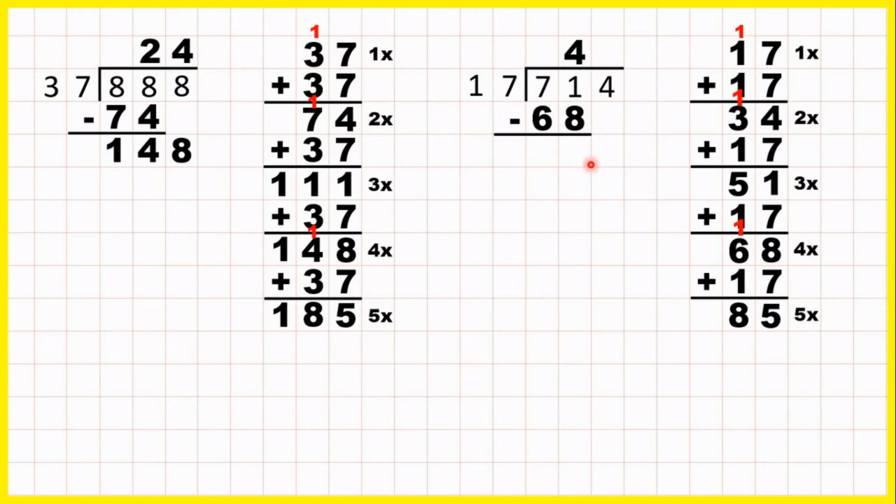Now we subtract and bring down. So 71 minus 68 is 3, and we bring down the 4, so we have 34 divided by 17. We can see that that's exactly 2 times 17, so the last digit of our answer is a 2. So 714 divided by 17 is 42.